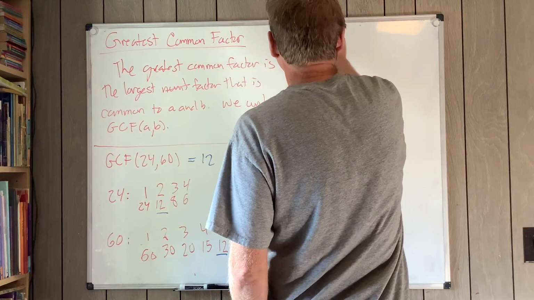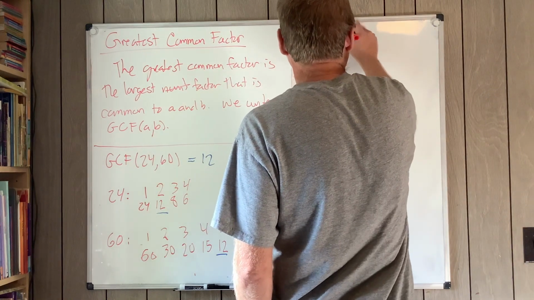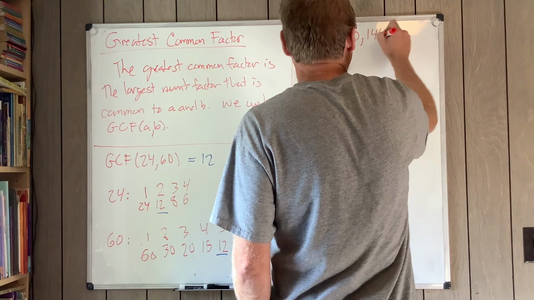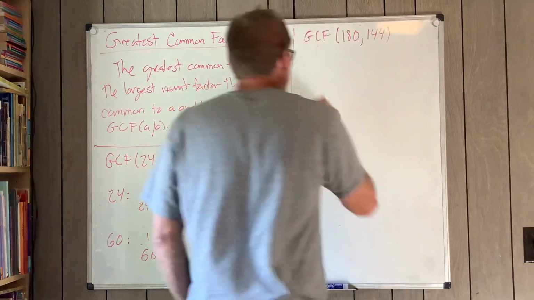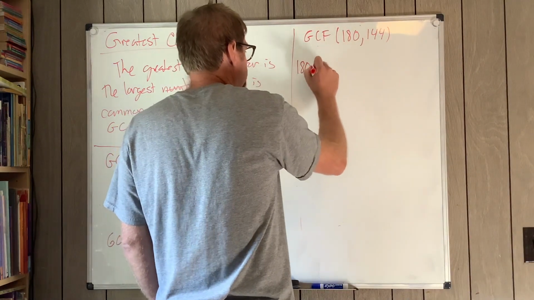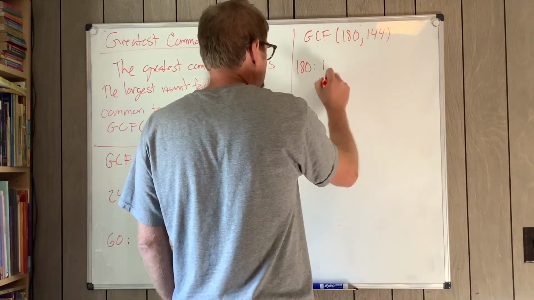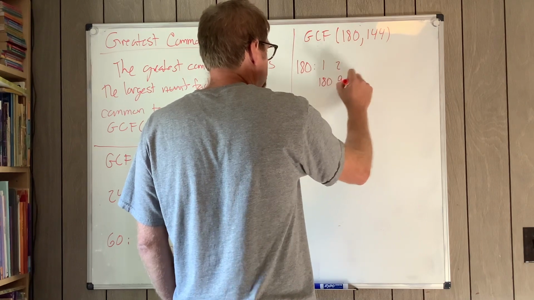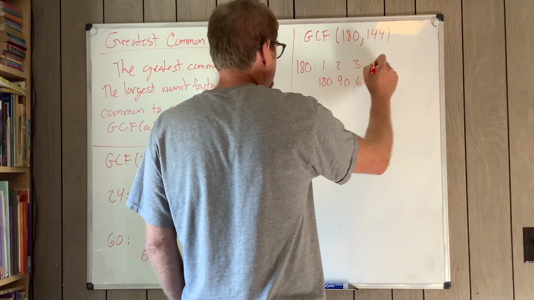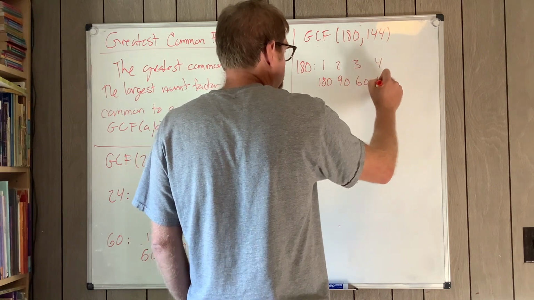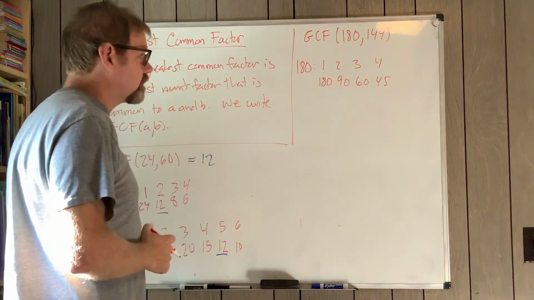Let's do another one, the GCF of 180 and 144. So 180, we're going to do it this way again. 1 and 180, 2 and 90, 3 and 60. 4 goes in 45 times.